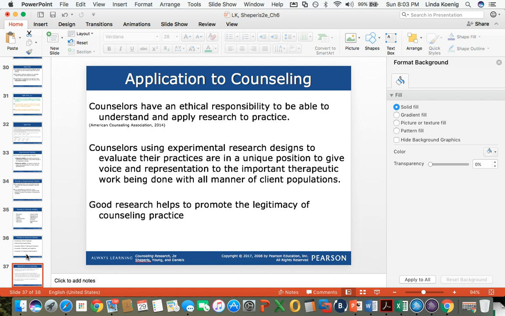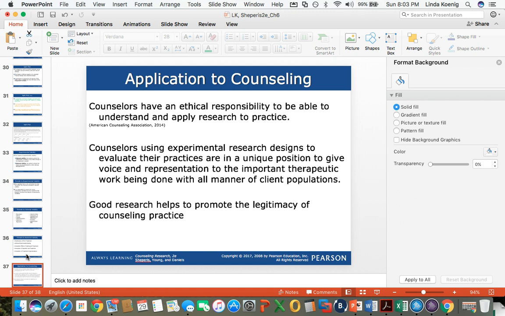All right, so how does it apply to counseling, or why is this important to us as counselors? Well, one, we have an ethical responsibility to be able to understand research and to be able to apply it correctly to our practice.